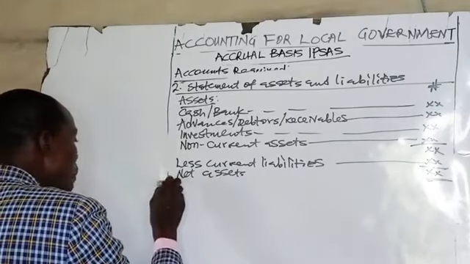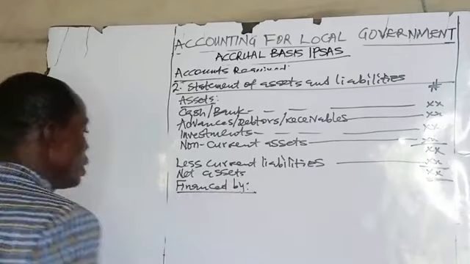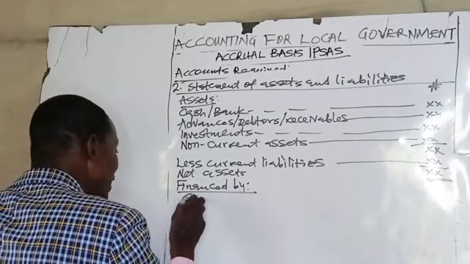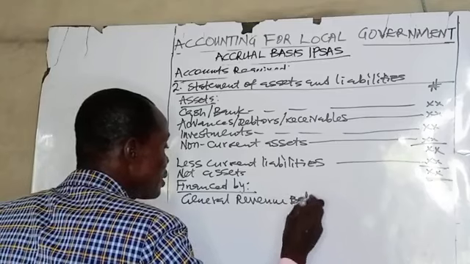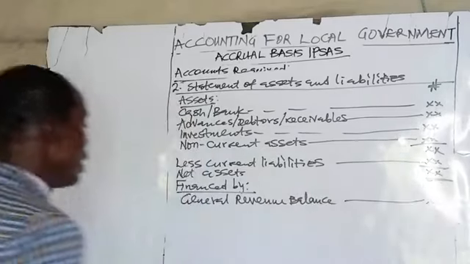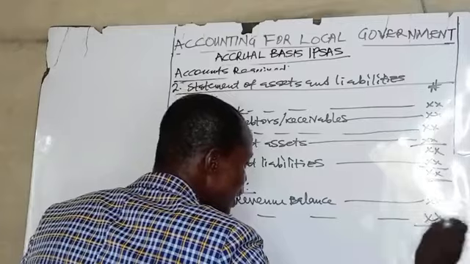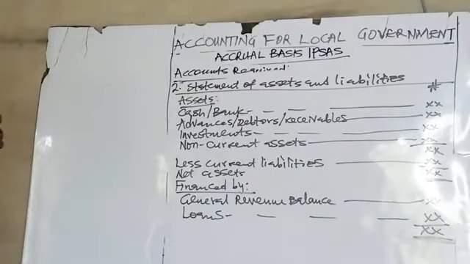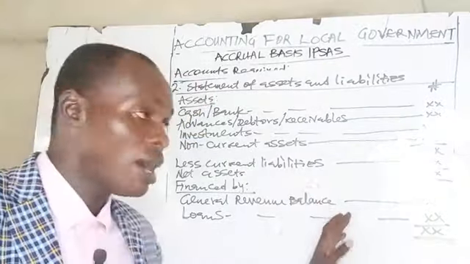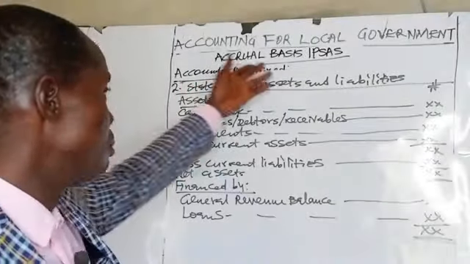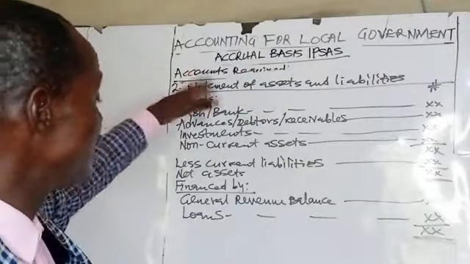Then you have financed by: general revenue balance, if any, then loans. The loans could be external or internal. Then you have the total. These are the formats for the two major financial statements I want to examine under the accrual basis IPSAS. The preparation of the statement of cash flows will be covered in a separate video.